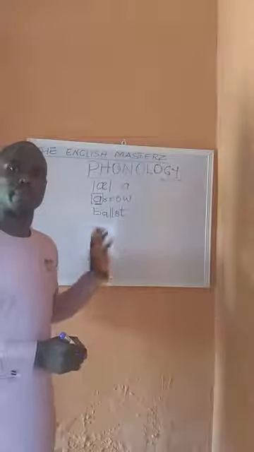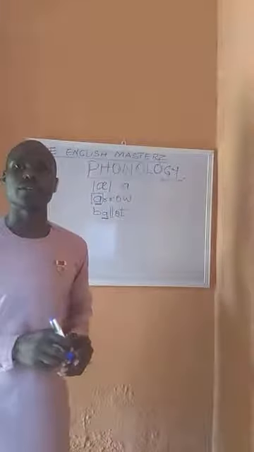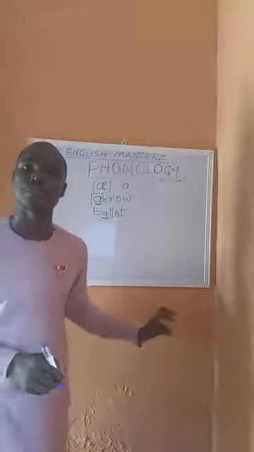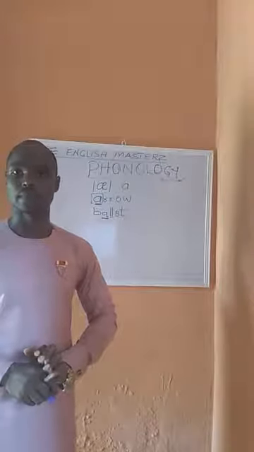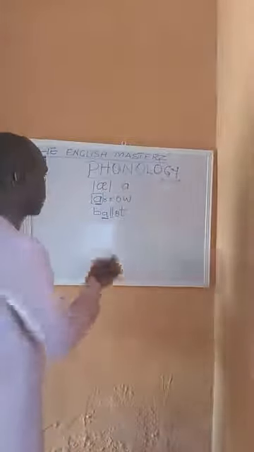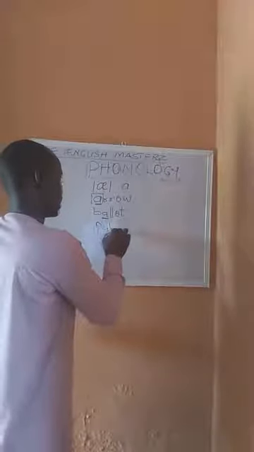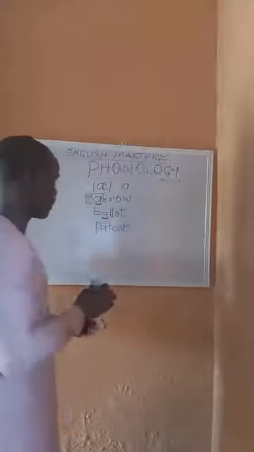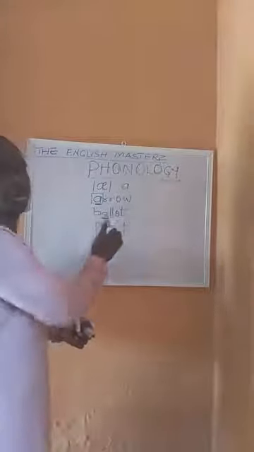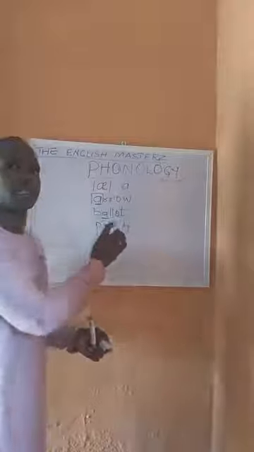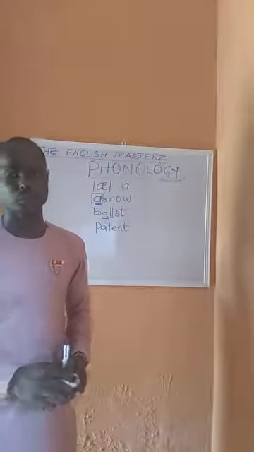Here, letter A shows realization for the short A sound. Is it clear? Very well then. Another example is P-A-T-E-N-T. Now, in these two examples, the sound is taking medial position, not initial position.